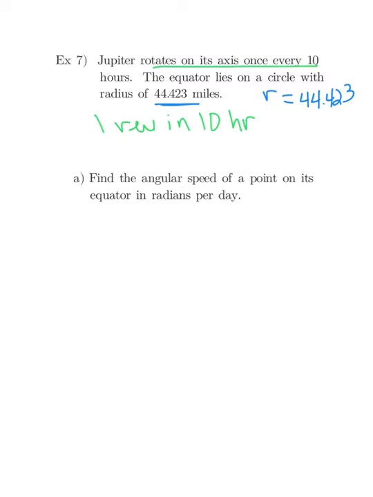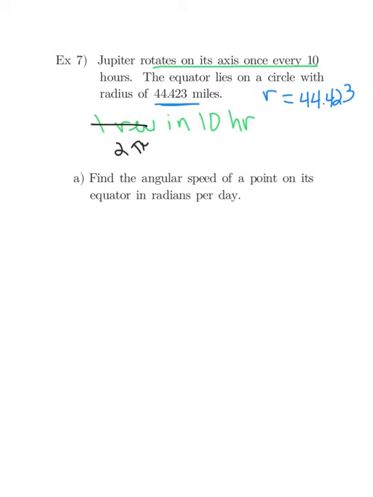We aren't too far away because we know about revolutions. So remember what we said about a revolution. We said that a revolution is 2 pi. So I can just take out 1 revolution and replace it with 2 pi in 10 hours.